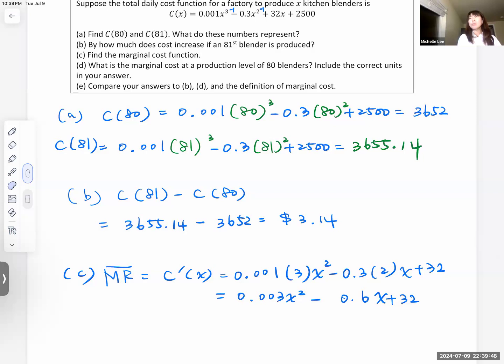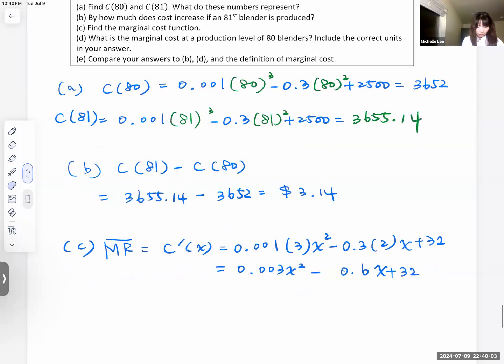Okay, so what is the marginal cost at a production level of 80 blenders? Oh, unit. Okay. So C prime of 80.